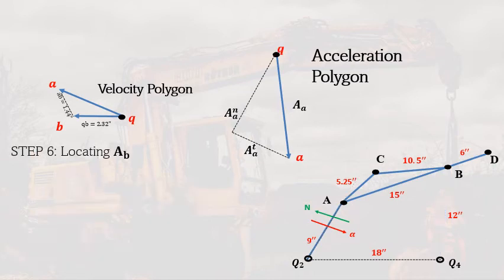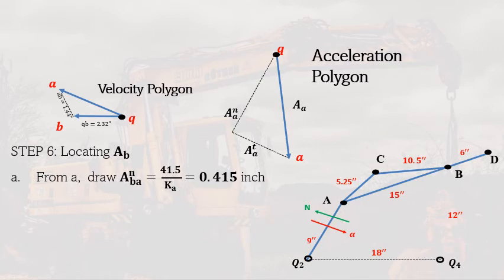So next, we'll locate the acceleration of B. Take note that we can get the acceleration of B because we know the relative velocity of B to A as well as its normal components. So first, we will draw the value that we computed a while ago, which is the normal component of the velocity of B relative to A normal.